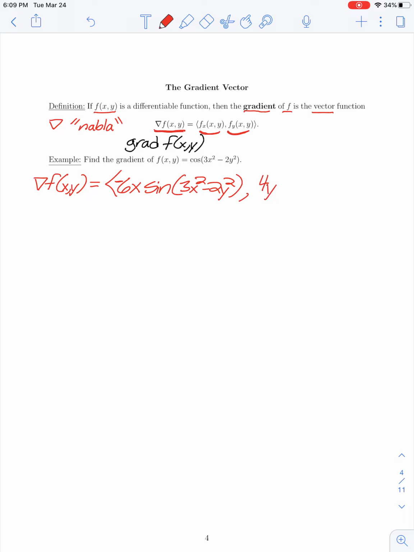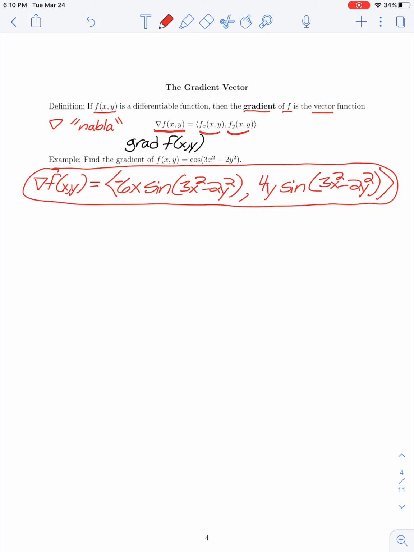And our partial derivative with respect to y would be a positive 4y times sine of 3x squared minus 2y squared. And we would put those partial derivatives into the components of this vector, and this is what we call the gradient of that function.